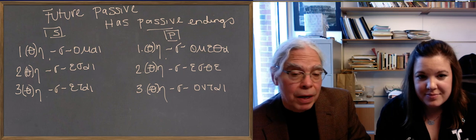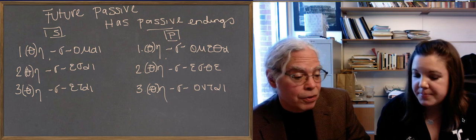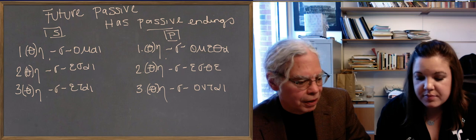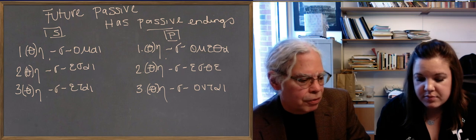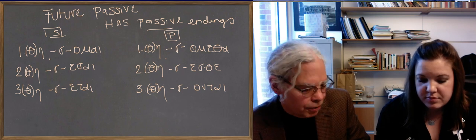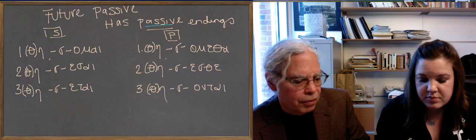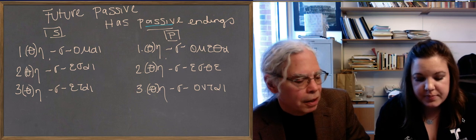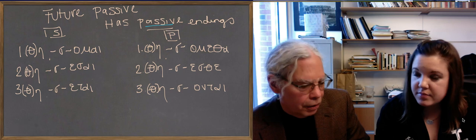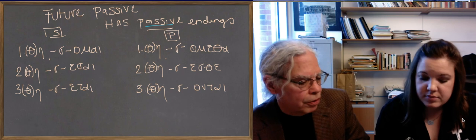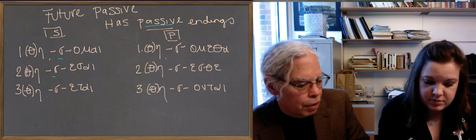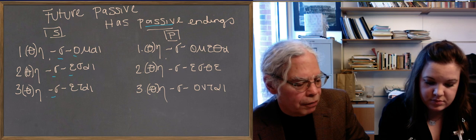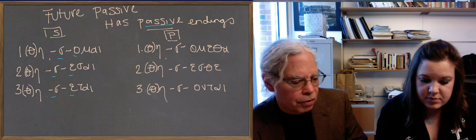Although the aorist passive has active endings, the future passive does have passive endings. But it too exhibits the theta, the optional theta with an eta as the sign of passiveness, right? That's the consistent thing. And then you have the future marker, which is a sigma followed by an O or an E. That's the thematic vowel according to the regular system.